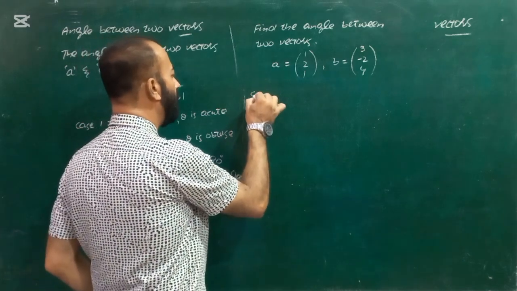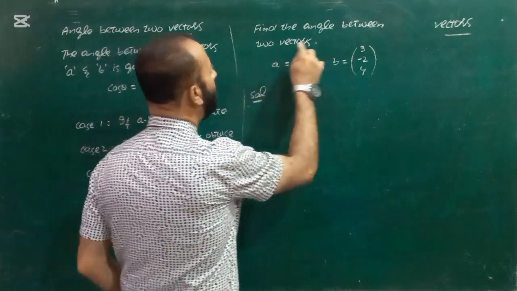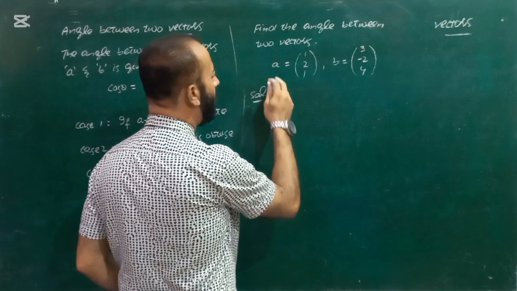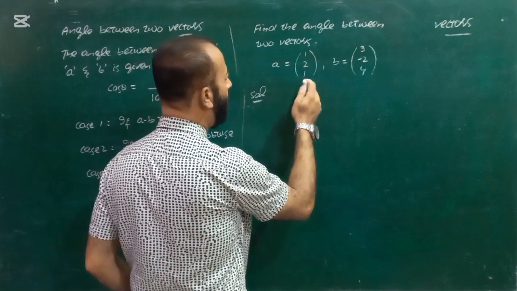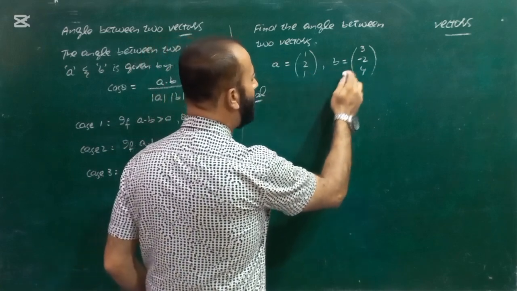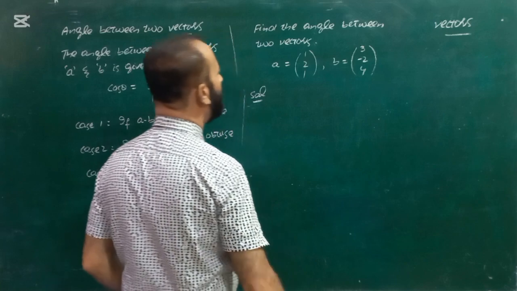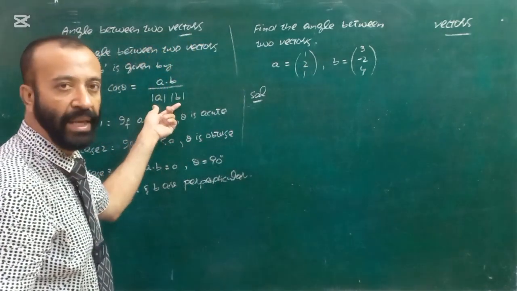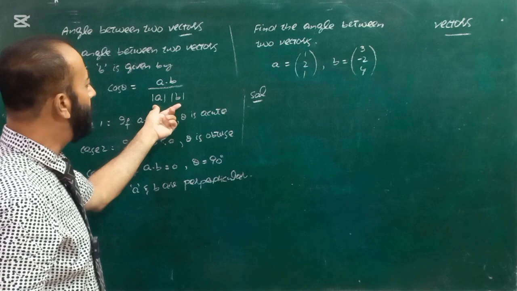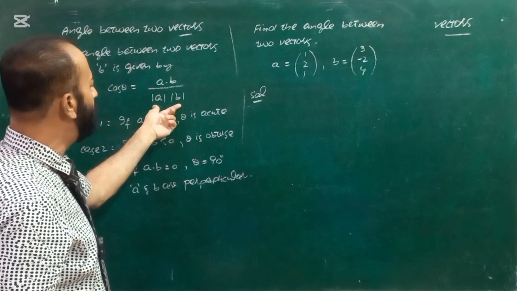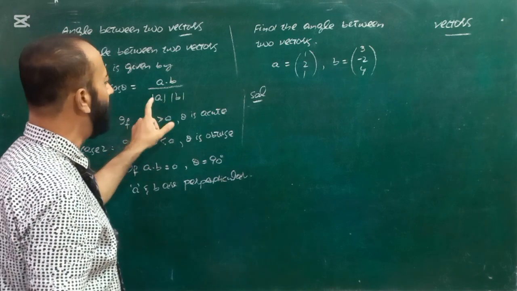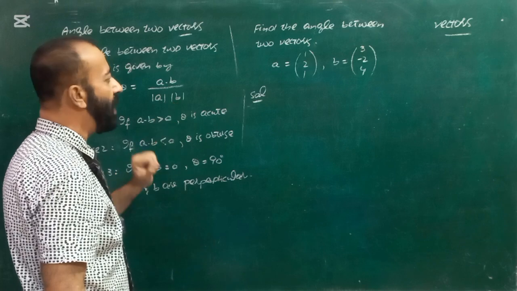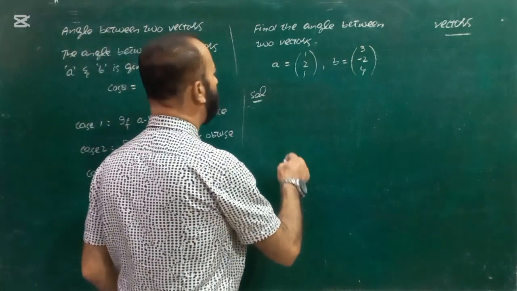So look now, the question is find the angle between two vectors, and here are two vectors given, A is 1, 2, 1 and B is 3, minus 2, 4. Because angle is the requirement, first we have to complete the values, and after that we will be able to put the values into the formula. So A magnitude and B magnitude will be found out first.